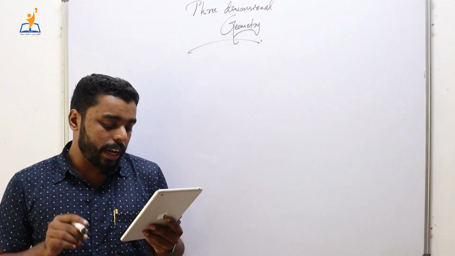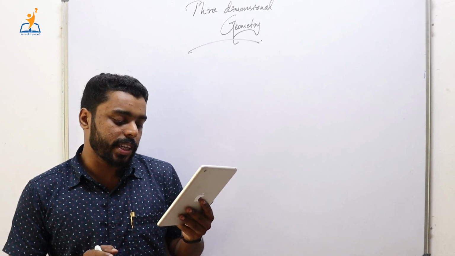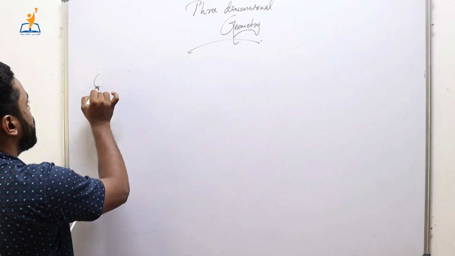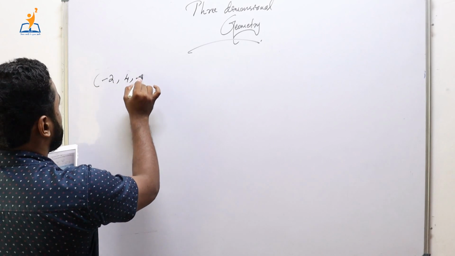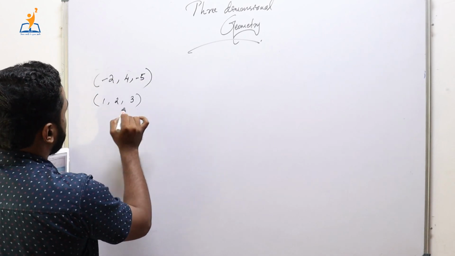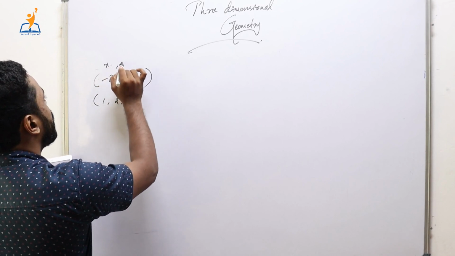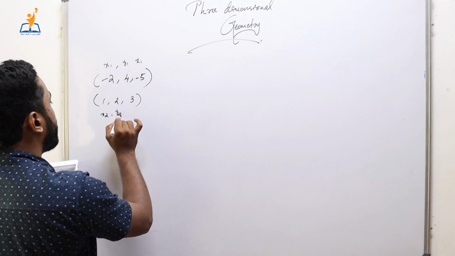Now coming on to example 3, find the direction cosines of the line passing through the 2 points. We are given 2 triplets, -2, 4, -5. The next point is 1, 2, 3. See, this is nothing but x1, y1, z1. This is x2, y2, z2.